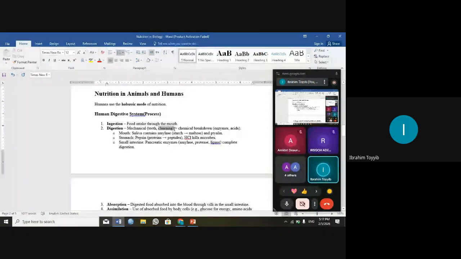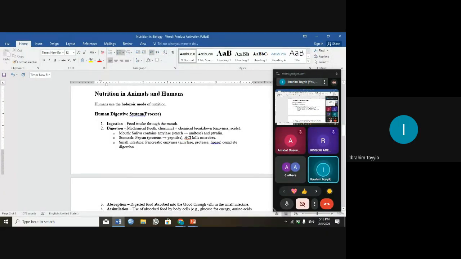The food will be rounded into a spherical shape, in the shape of a bolus, and it will pass through the esophagus in a peristalsis movement. The movement is called peristalsis. The shape of the food when it has been mixed with saliva, before it passes through the esophagus, is called bolus.